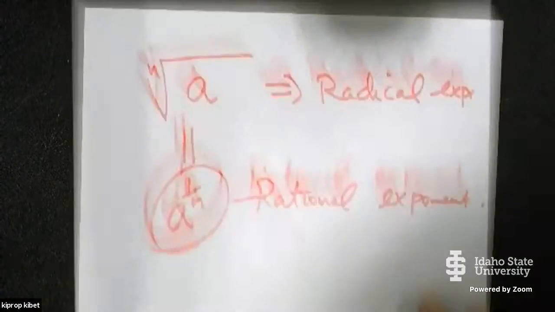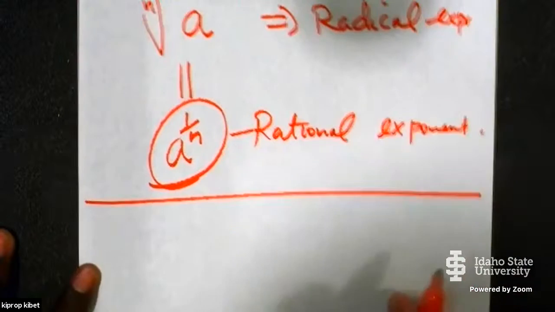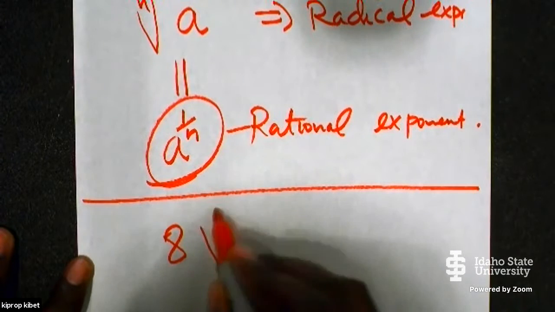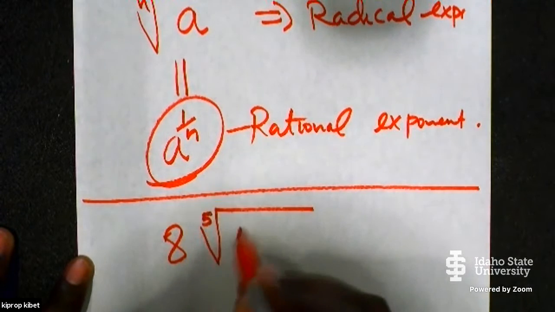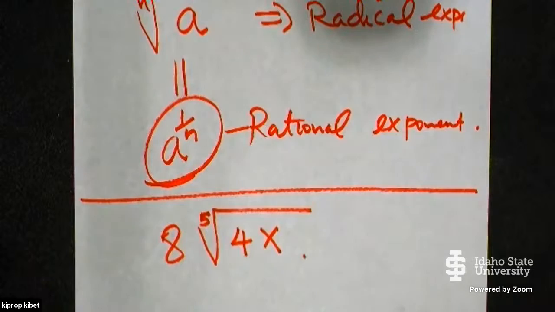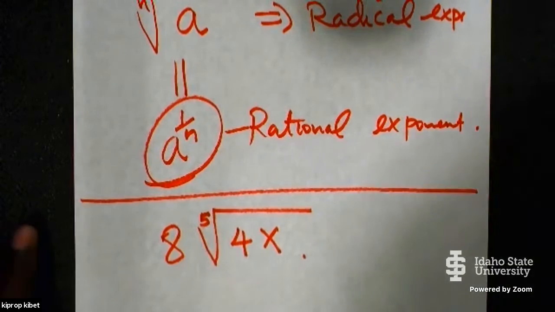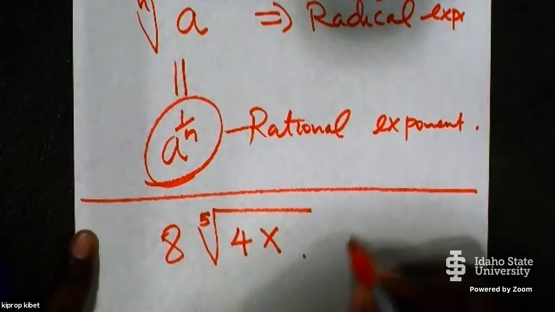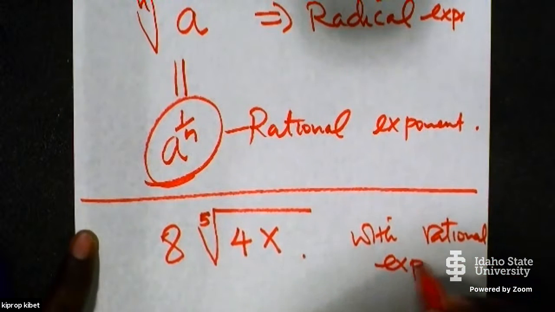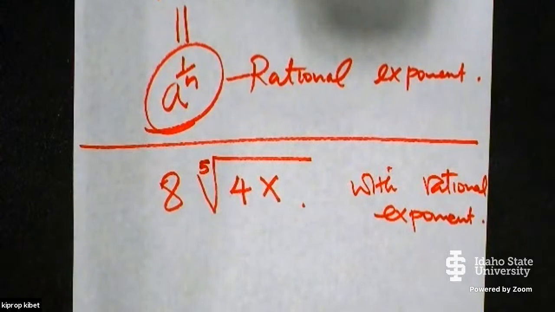Now, we can be given a question like the one which we have in our example. 8 and then the 5th root of 4x. Then the question can be, write this one with rational exponent. So how should we write this one in rational exponent form?